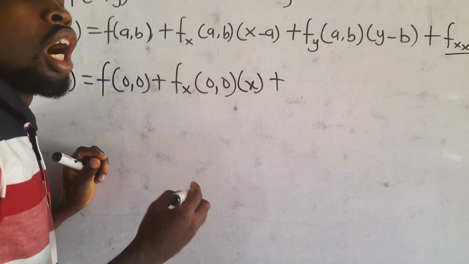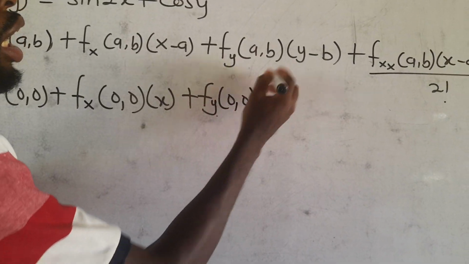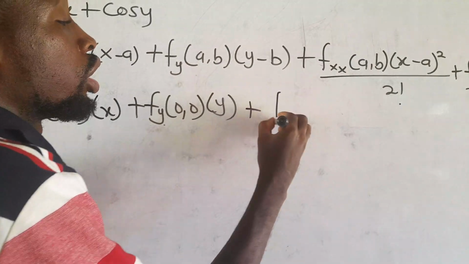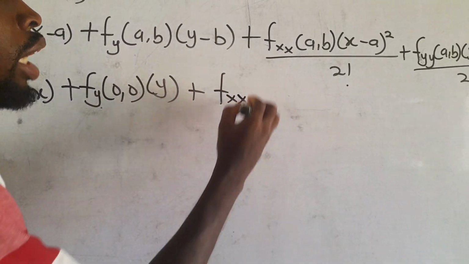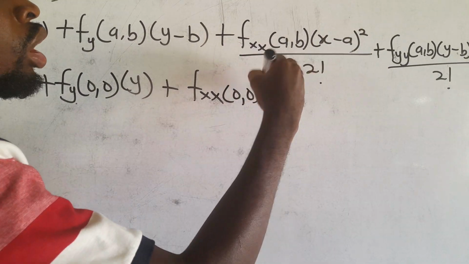Then plus the partial derivative of the function with respect to y at (0, 0), and y minus 0 is still y. Then plus the second partial derivative of the function with respect to x twice at (0, 0), and x minus 0 is 0.